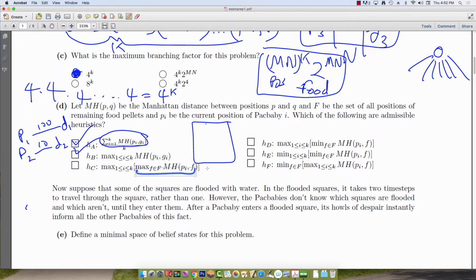And now we're going to look over all the different Pac-Man. So we're going to take a look at the farthest food from any Pac-Man. We're going to look at all the Pac-Man, look at which food is farthest from each of them, and basically take the biggest out of that.